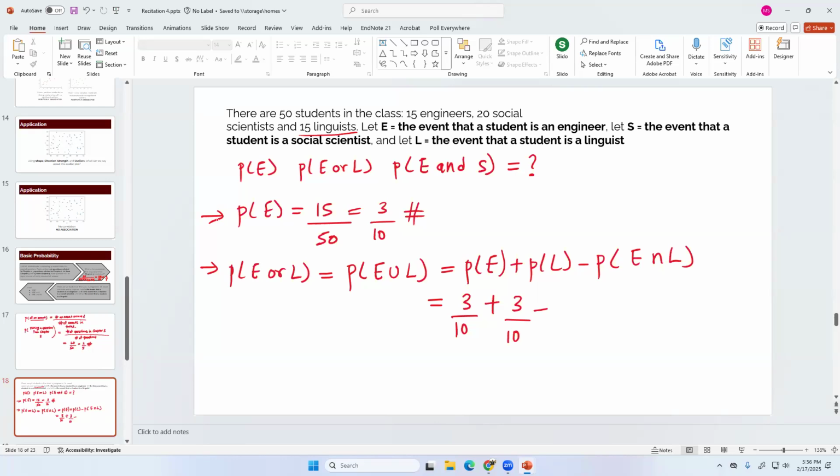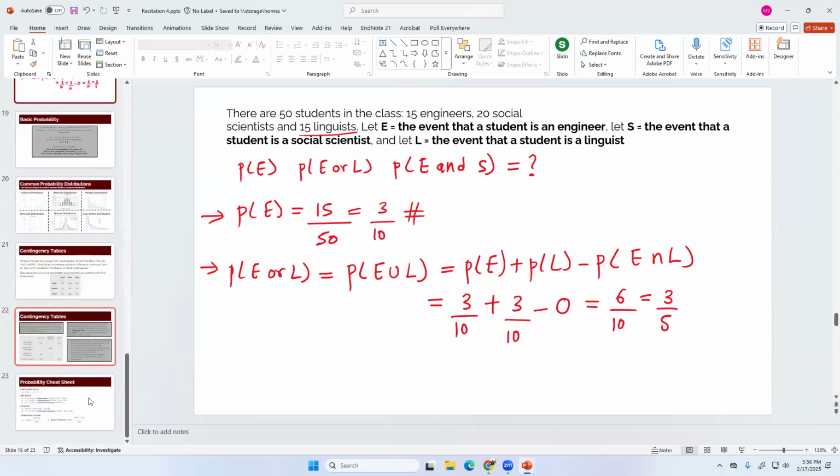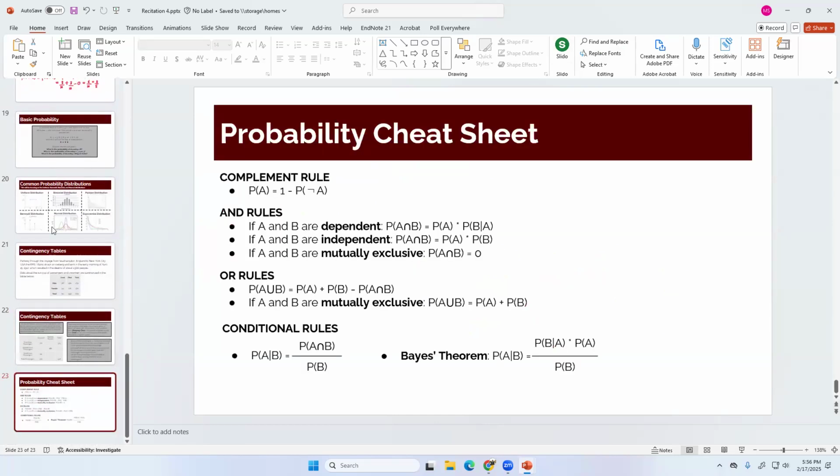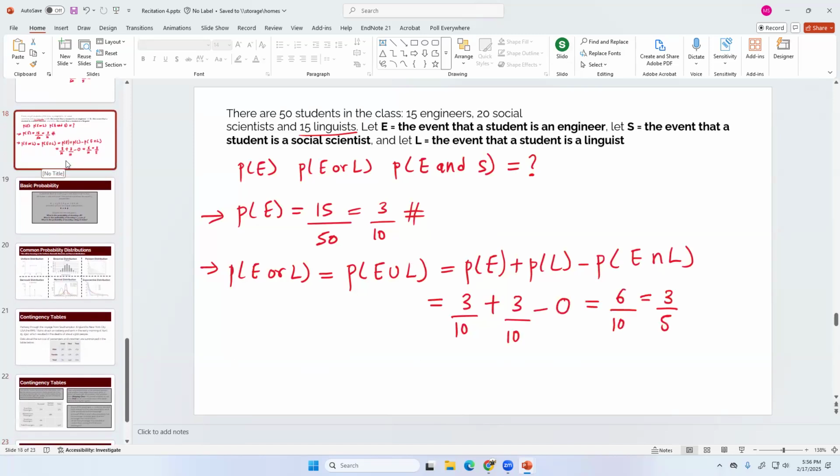There is not a student that is both an engineer and a linguist at the same time. There could be, but not in this example. So we can say that it's 0. So just 6 over 10. And they are called mutually exclusive events.